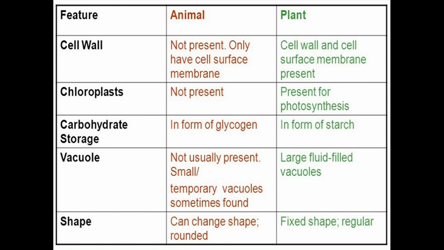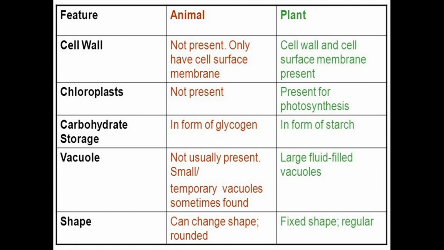Vacuoles in an animal cell are not usually present, and if they are present, they are small and temporary. But in a plant cell, vacuoles are large in size and fewer in number, and they are large because fluid is filled into them. So because vacuoles and the cell wall are present in the plant cell, it has a fixed shape.